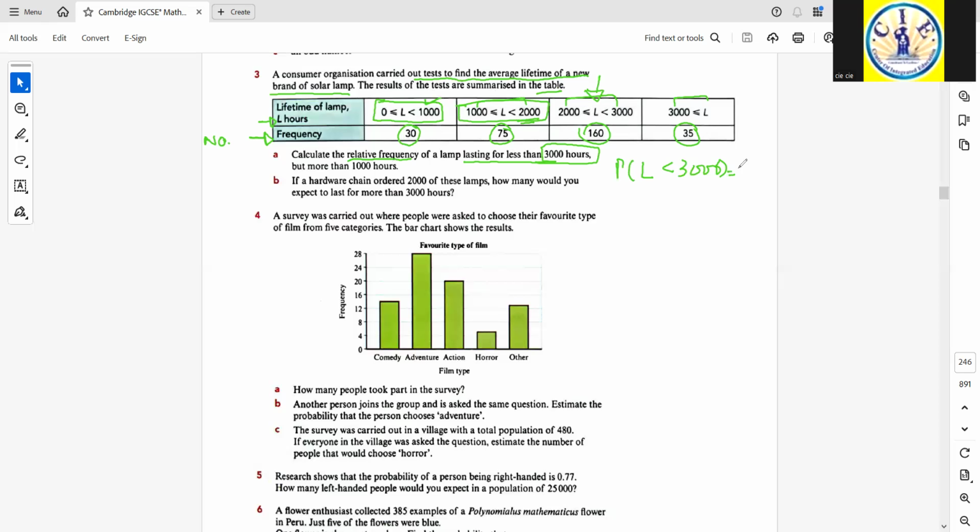So we can have 30 for this one plus 75 for this one, because these lamps also have a lifespan which is obviously less than 3,000. So we are including them in our favorable outcomes, and then plus 160 for this. Adding them up, you get 190 plus 75, which is 265.